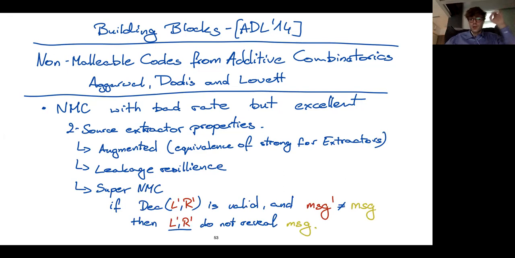That means that if the coding is valid and the message has changed, then the whole tampered codeword does not hide any information about the original message. So it's not only that the adversary can't retrieve the information, but also the whole codeword doesn't hold any information anymore. We do use all those properties in the proof.